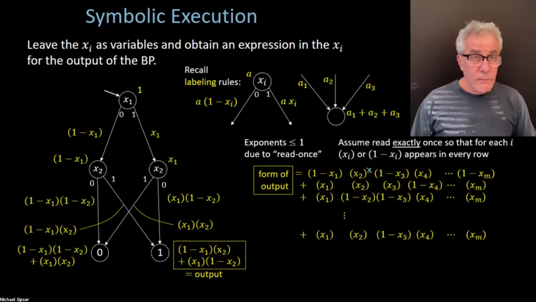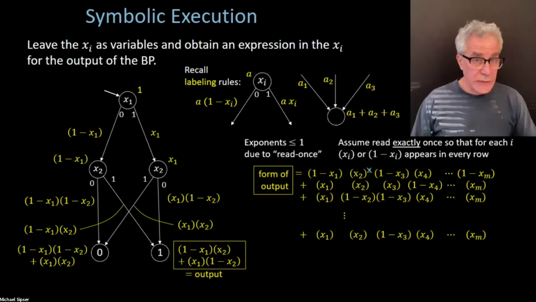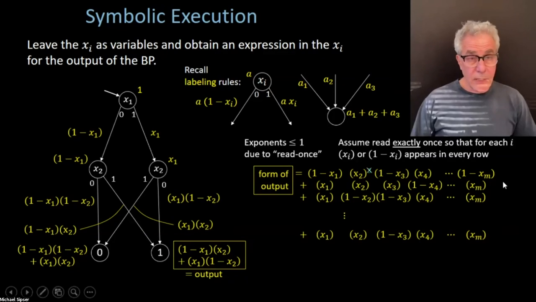In the Boolean setting, each of these variables is going to be zero or one, and the 1 minus the variables are also going to be zeros and ones. So it's going to be a product of zeros and ones. If a 0 appears in that product, the product is going to be 0, because 0 times anything is 0. So the only way that product cannot be 0 is if all of those values are ones in the Boolean case.